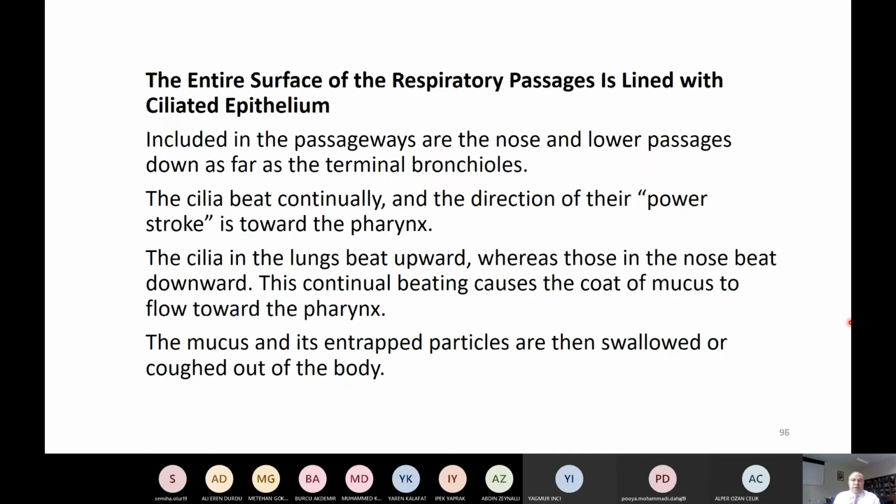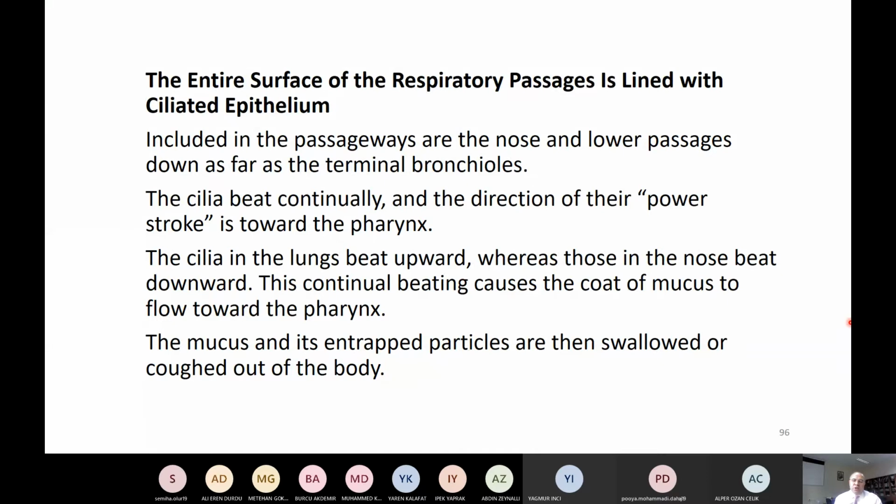Now, the respiratory surface is lined with ciliated epithelium, including the nose and lower passages down as far as the terminal bronchioles. Cilia beat continuously, with the direction of their power stroke toward the pharynx.